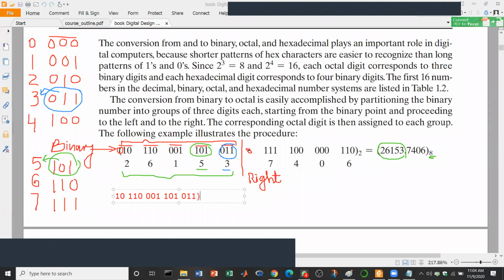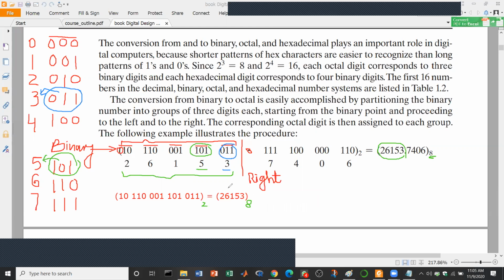This is a base 2 number, and that number now becomes equal to 615. I write here that this is the binary number, and this is the octal number.